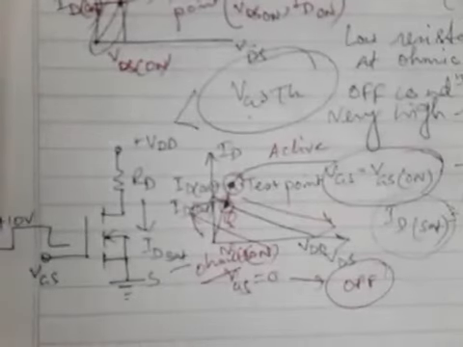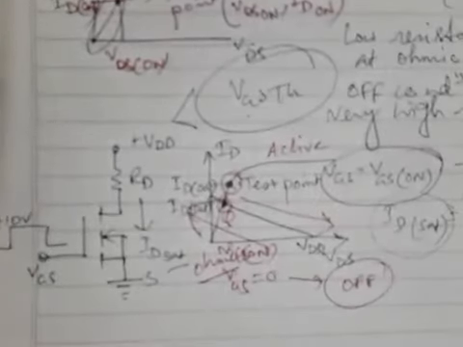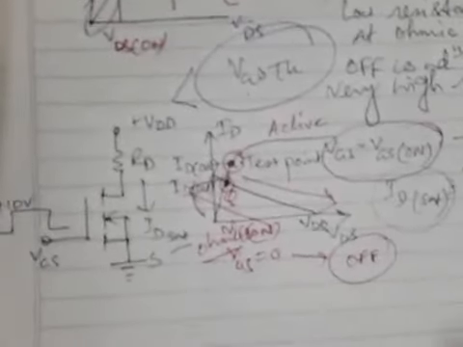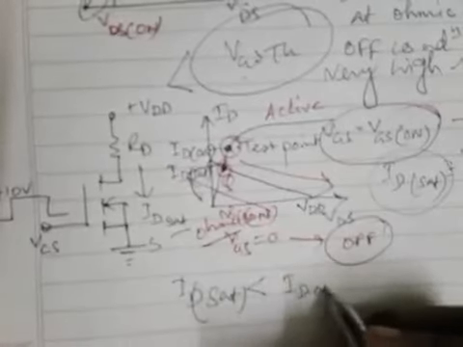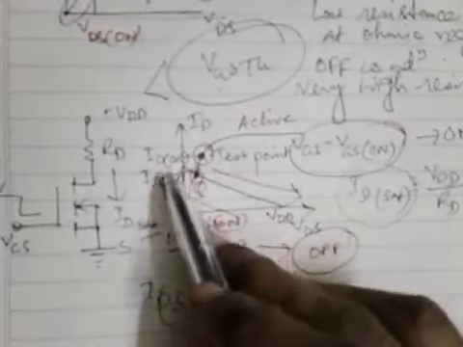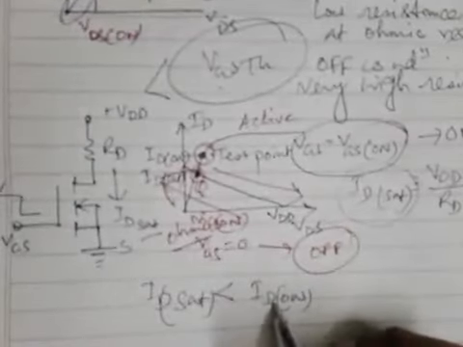Now when the Q point is biased in the ohmic region, the working of E MOSFET will be satisfying the condition ID sat less than ID on. That means the saturation current, which you can see from this axis, found from this equation, will be less than the on state value of the drain current.